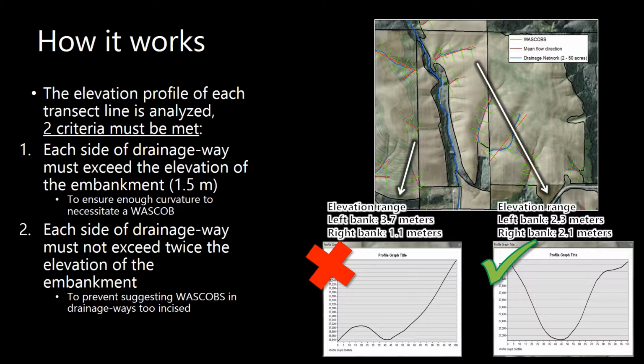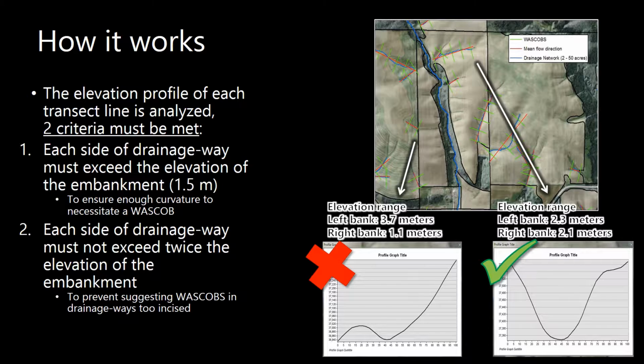So in our first example here, the first one fails because one side of the bank is over twice the height of the embankment, while the other side is still below the height of the embankment, so this fails on both banks. And then the second one is a success.